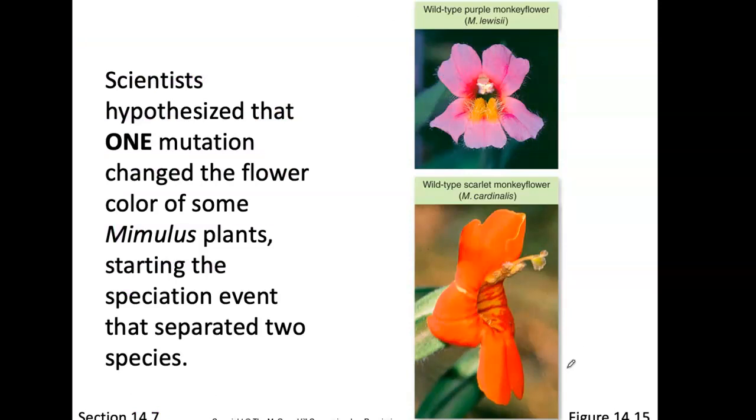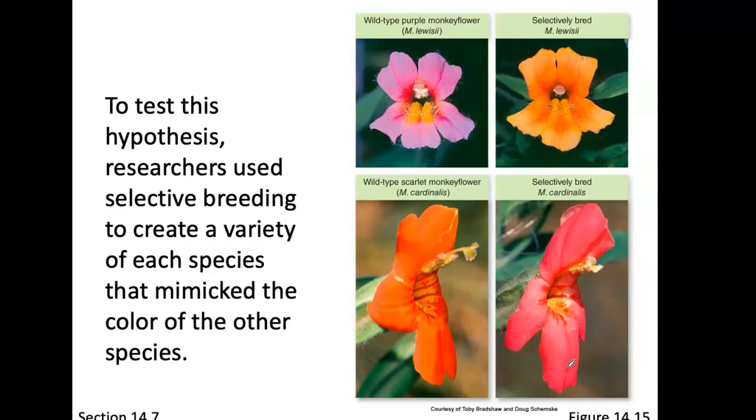Scientists hypothesized that one mutation changed the flower color. And by changing the flower color, they became different species. Now, how can that be? So if one mutation changed the color, it started the speciation event that separated them and they no longer reproduced. What would make it so that they no longer reproduced?